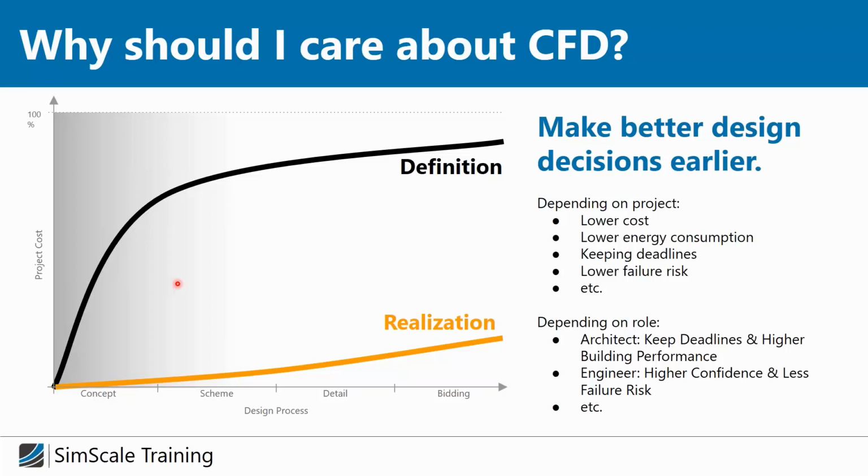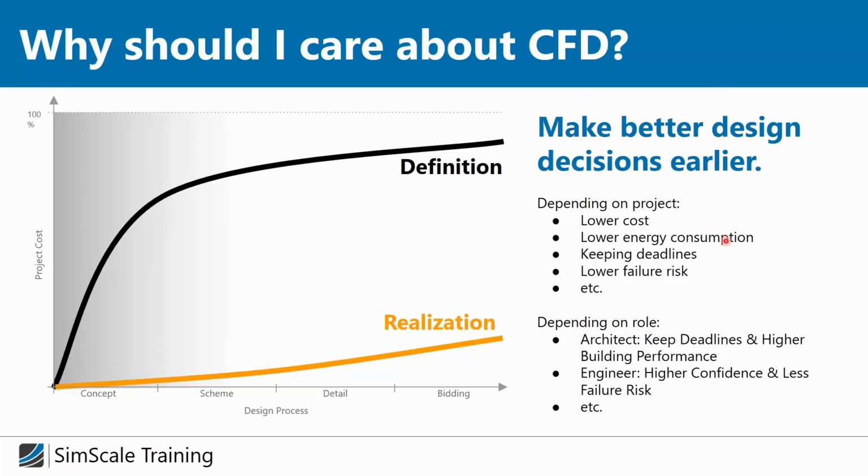On the one hand, most of the decisions are taken at the beginning of the product development concept. On the other hand, the product is not really developed at this point, and we don't know so much about the product, and we have to do a lot of assumptions. And using CFD, or simulation in general, allows us to analyze different concepts at a very early project stage, and can help us to make better design decisions much earlier.